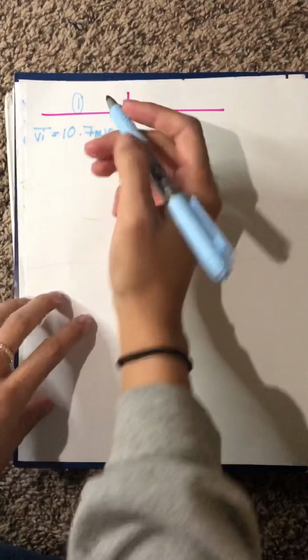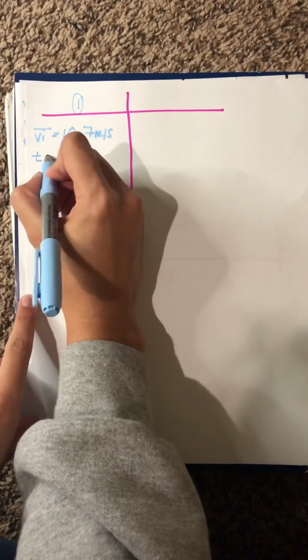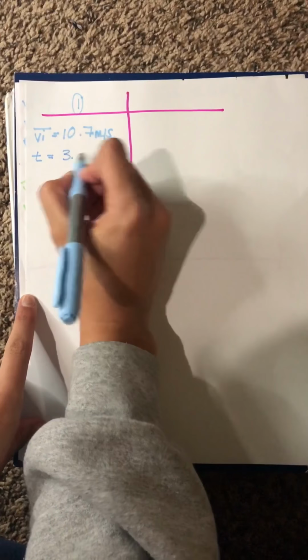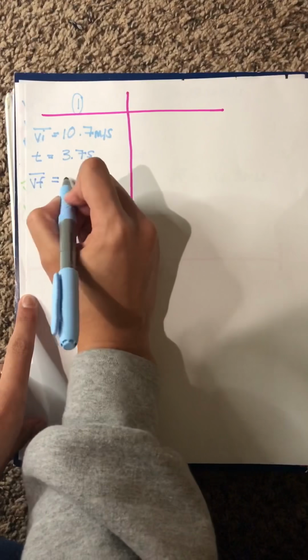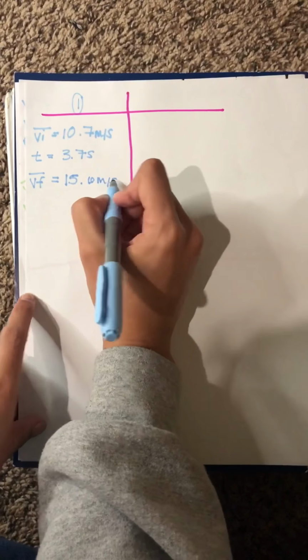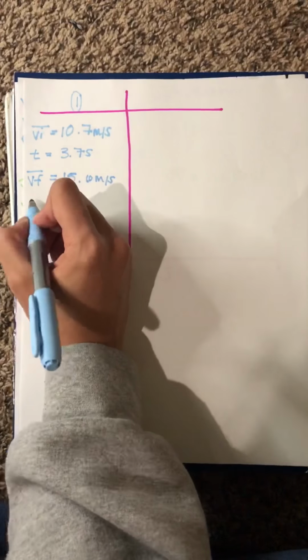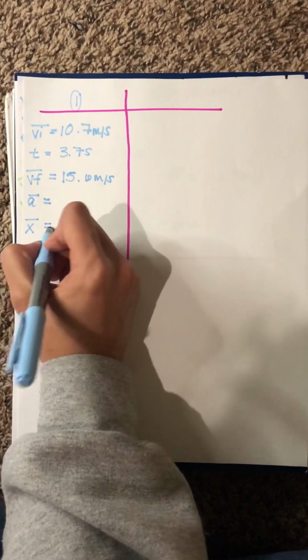So again, we know VI equals 10.7 meters per second. T, for time traveled, is 3.7 seconds. And VF, or final velocity, is 15.6 meters per second. We need to find the acceleration as well as displacement.